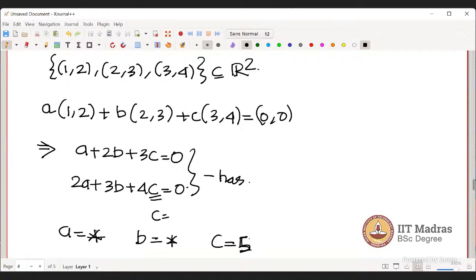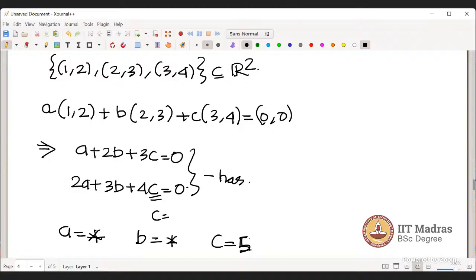My whole point was to show that I can make this linear combination 0 such that one of the scalars associated with that linear combination is non-zero. Then I can say that this set is linearly dependent. That is the main point.